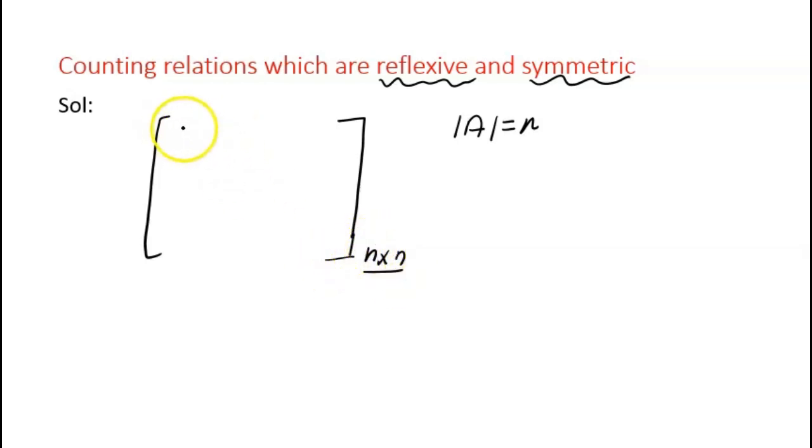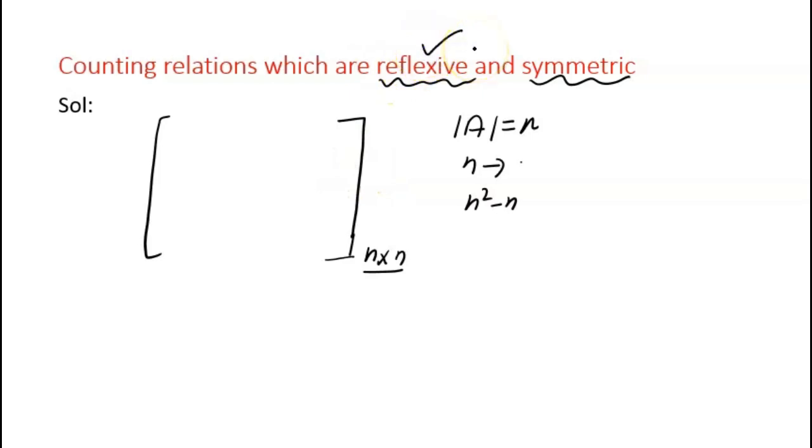And out of those there will be n elements along the main diagonal, and n square minus n elements other than the diagonal elements. Now I want the relation to be reflexive.